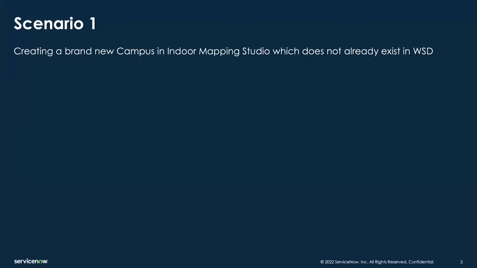You might have used a campus as, let's say, a city in your WSD record in the past, so the buildings might be farther out. But from an indoor mapping point of view, campuses are collections of buildings that need to be in close proximity of each other.